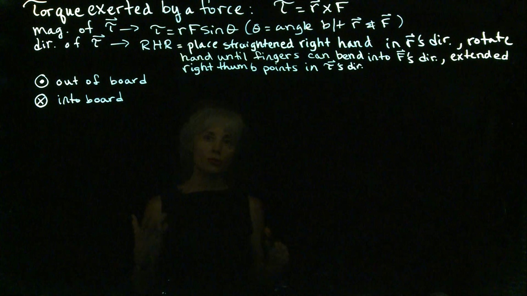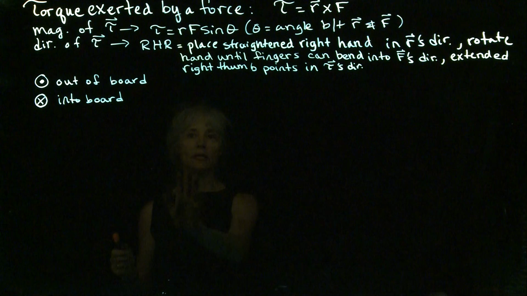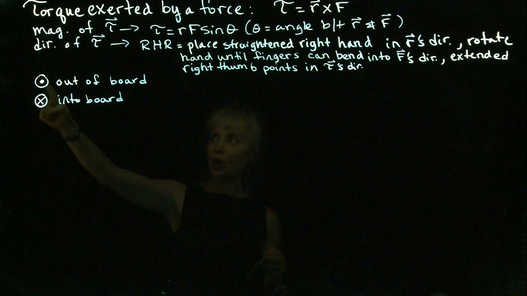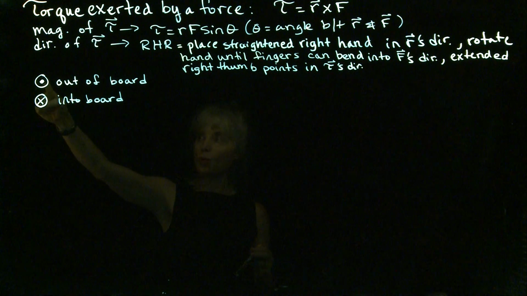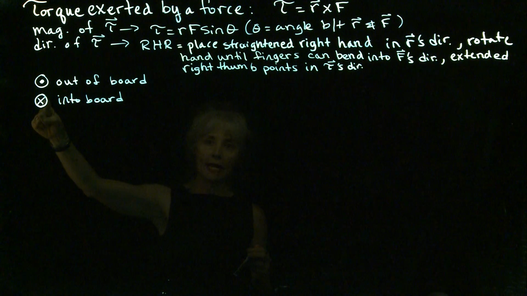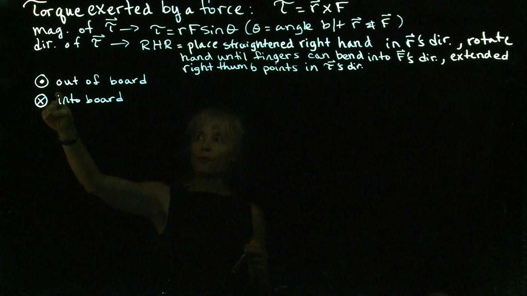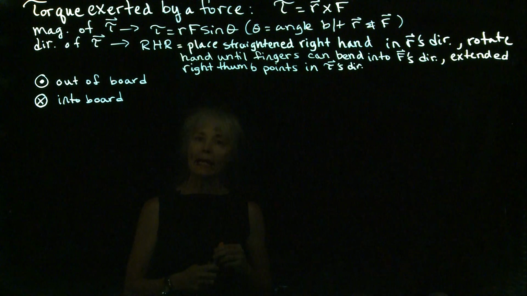Remember, we also introduced how to keep track of a third dimension when we're drawing things on a two-dimensional surface. We introduced these two symbols, the circle with the dot in the center and the circle with the X in the center, to distinguish out of the board from into the board. These two symbols are supposed to look like an arrow.